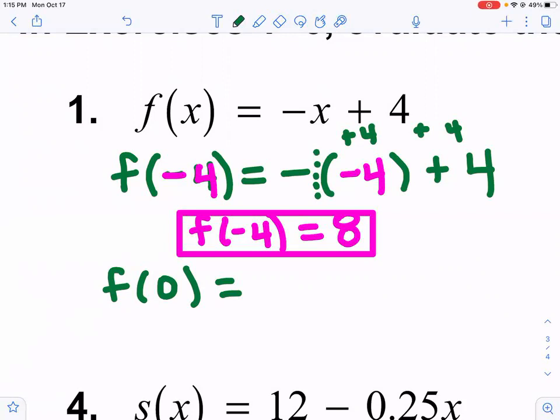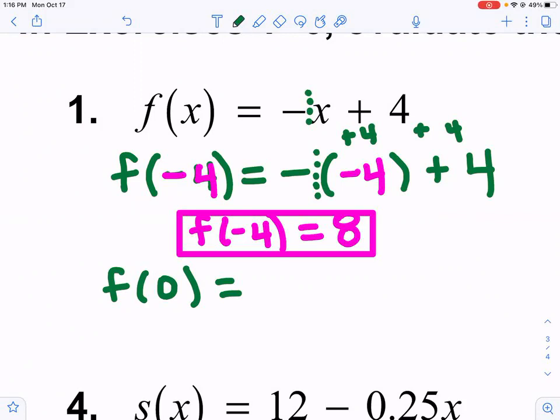Would there be a 1 like that every time? Because this is like negative x, right? So we view this as negative 1x. We just don't write the 1. Oh, so the 1 makes it work. That's why. Negative times a negative is a positive, yes. Okay, are we good on that? Thank you for asking that question, Reagan.